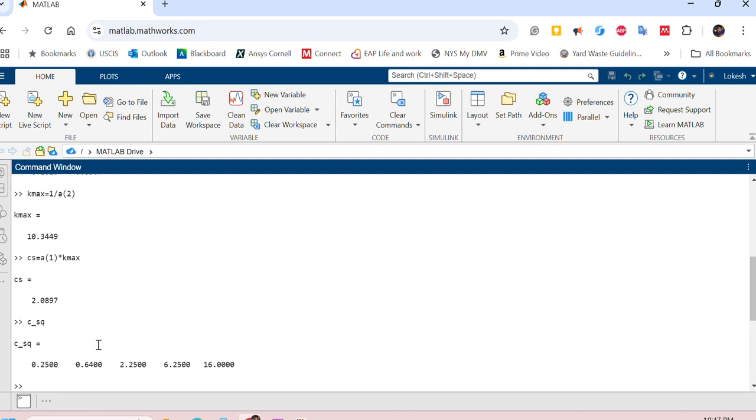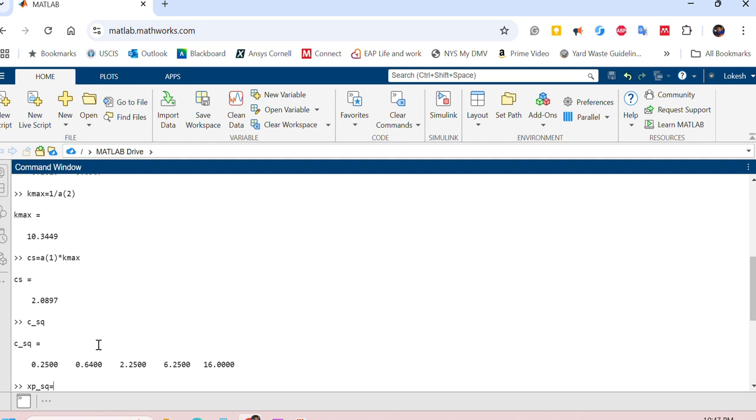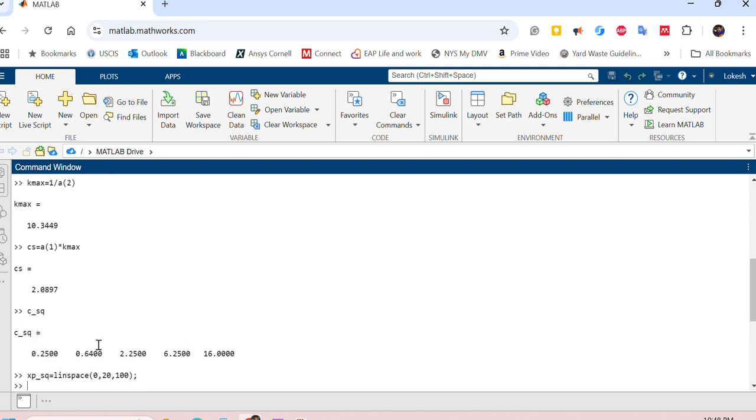The value ranges from 0.25 to 16. So I'm going to have my x predicted squared to be linspace between 0 to, let's say, 16 itself, or 20 maybe, 20, and I want some 100 values between those, right?